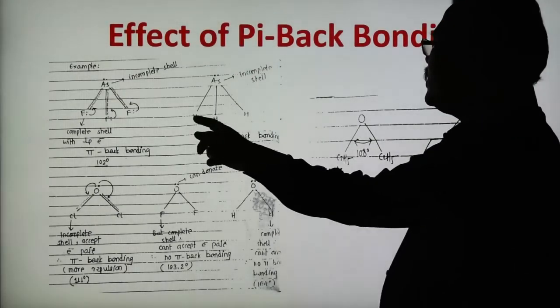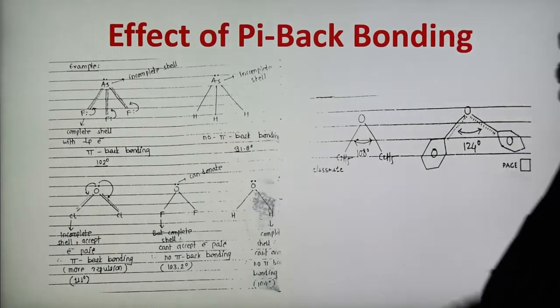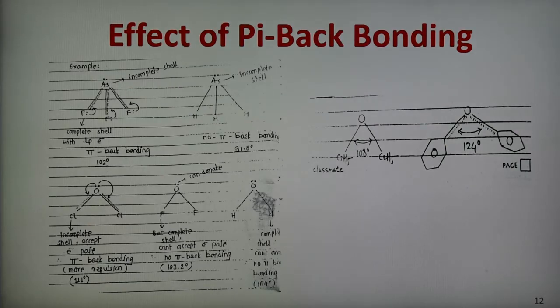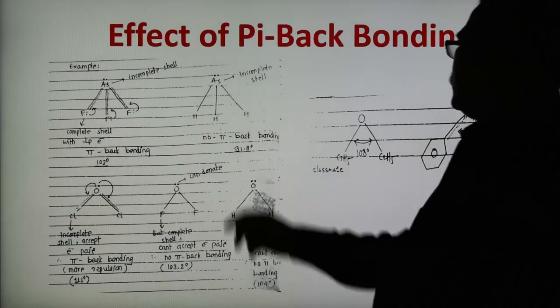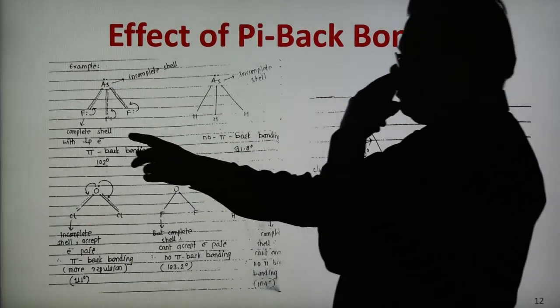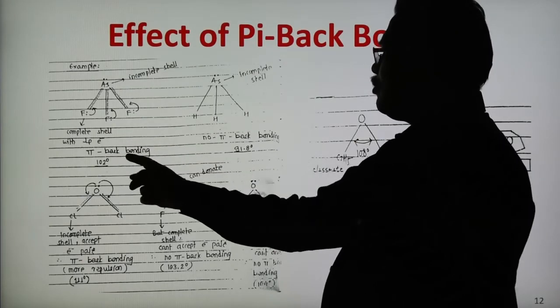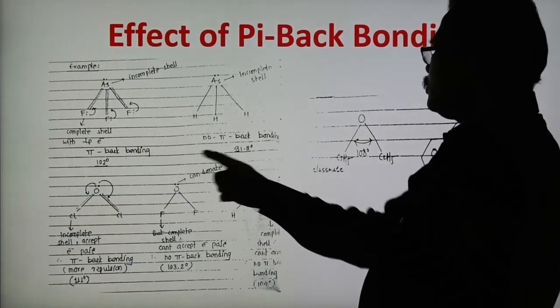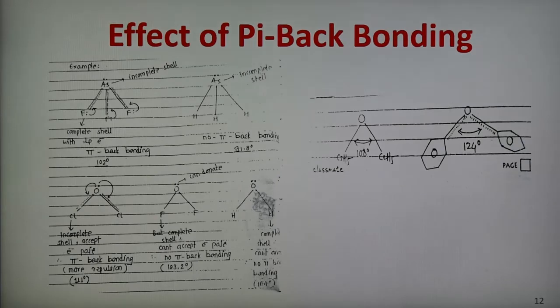Whereas in this case there is no lone pair and therefore no pi back bonding is possible, and therefore the bond angle is less, 91. And in this case, when there is pi back bonding, the bond angle is greater, 102 degrees, here 91.8 degrees. So depending upon the back bonding, the bond angle varies.